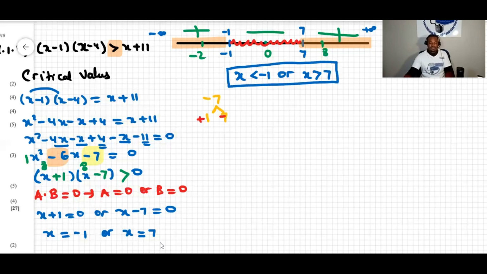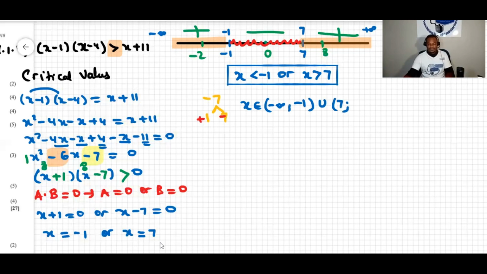Sometimes someone else can write it as x is an element of negative infinity to negative 1, union 7 to positive infinity. Just another way of writing the answer. Thank you.